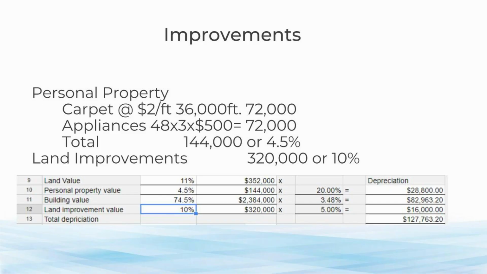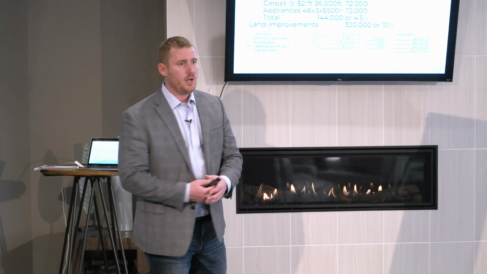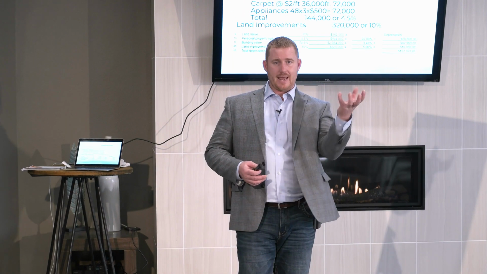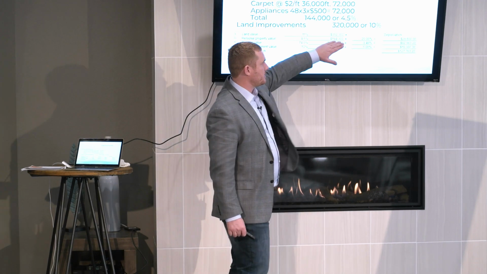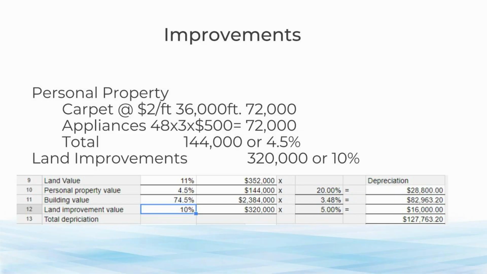So 144,000 times 20% gives us $28,800 in depreciation. Depreciation was defined as converting an asset into an expense over time. So we took our asset of 144,000 and converted 20% of it into an expense. Now this becomes an expense to the property, which then reduces our tax liability.